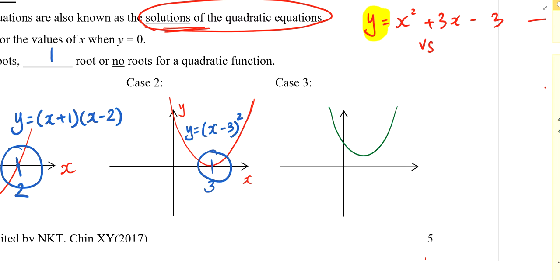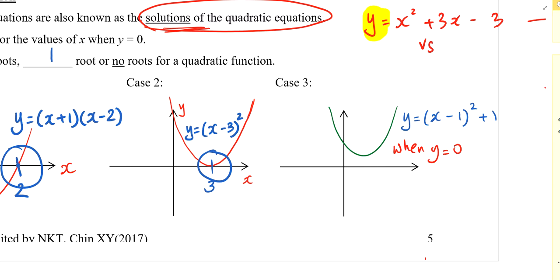This graph has the equation y equals to x minus 1 squared plus 1. Let's see what happens when y equals 0. This is if I'm trying to find the point of intersection between the x-axis and the graph.